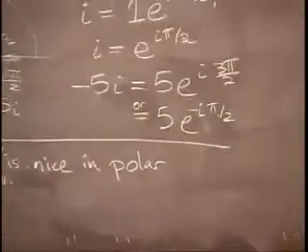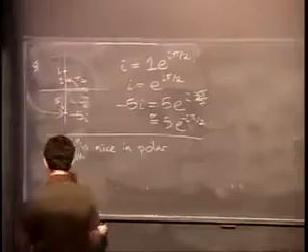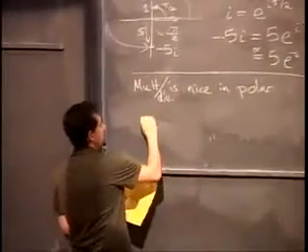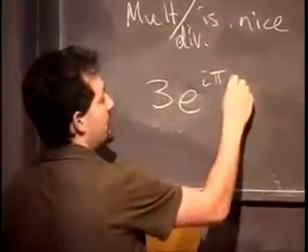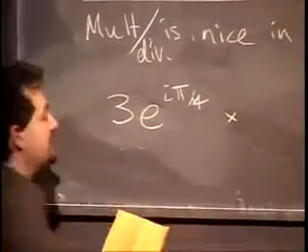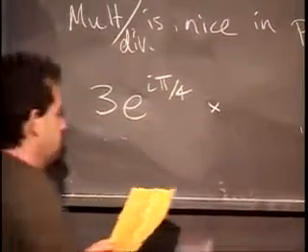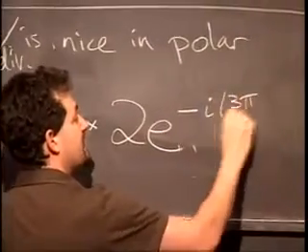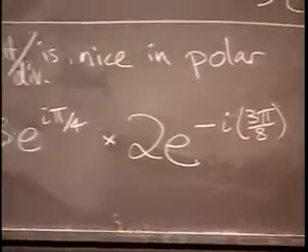Suppose I have two complex numbers that are in polar form. And I have 3e to the i pi over 4. Say that's one number. And I'd like to multiply by the number 2e to the minus i 3 pi over 8. Okay, so those are two complex numbers in polar form.